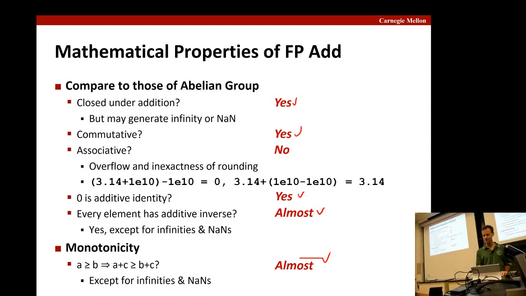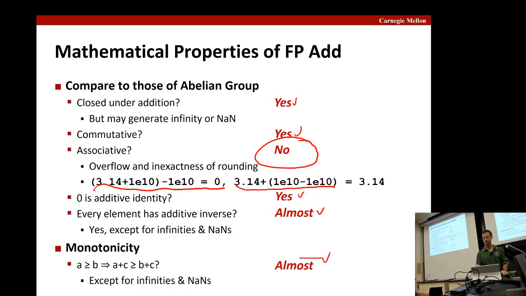So the catch, and this is a big catch if you're ever doing any sort of numerical computation, and this was touched on in the very first overview lecture, is that you lose associativity. Because of the overflow and the fact you have to do some rounding, you can take the same 3 numbers and just associate them differently, and you get very different answers.